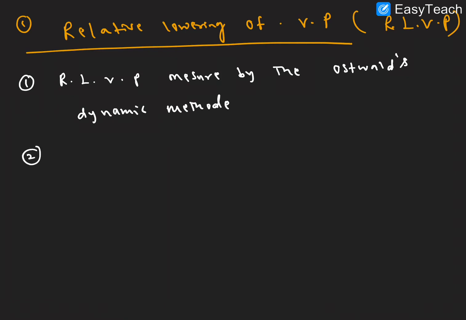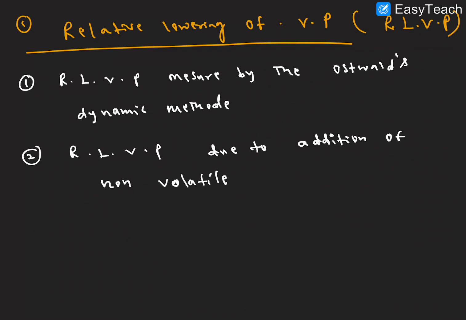Point number two: the relative lowering of vapor pressure happens due to the addition of a non-volatile solute. I hope it is clear.